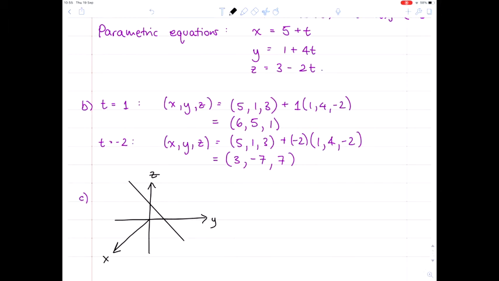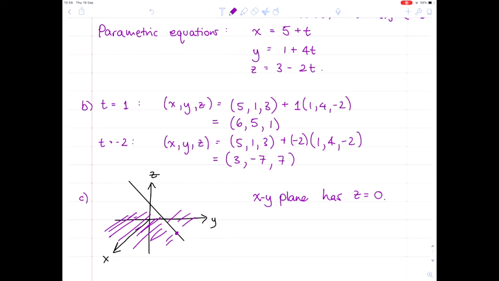And what we want to find out is, if we have a look at the xy plane, which is this plane here, where does this line cut the xy plane? And the trick here is to remember that the xy plane has z is equal to 0.